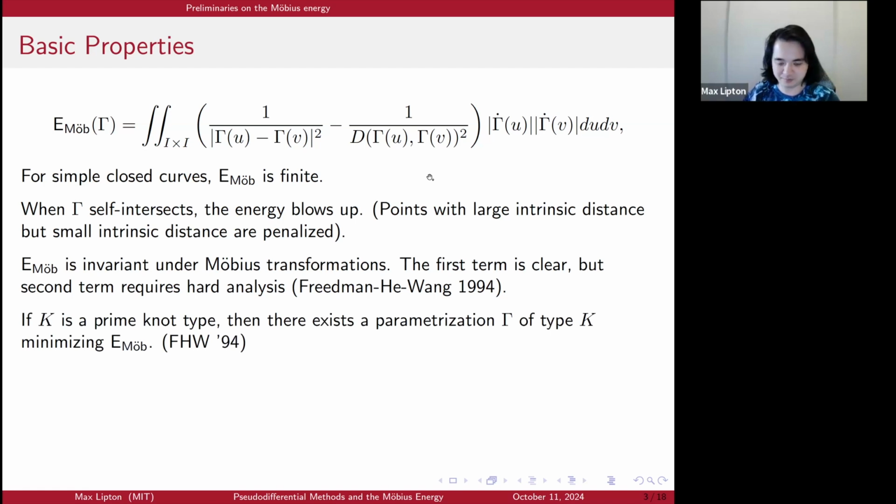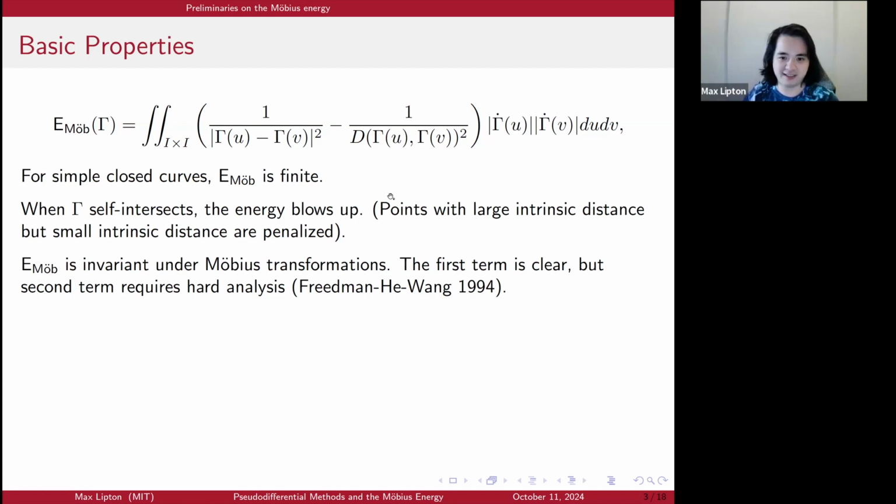And just as a quick remark, it's obviously not obvious to see why the Mobius energy is invariant under Mobius transformations, but at least for the first term involving the extrinsic distance, taking into account the arc length parameters, that term is just the product of side ratios for two triangles, and those are preserved under Mobius transformations.